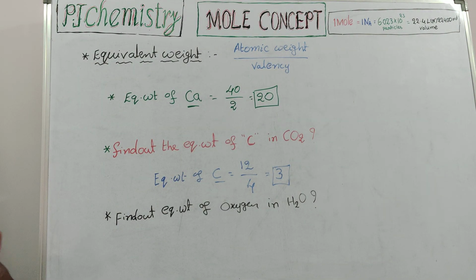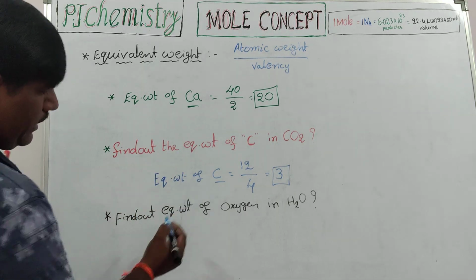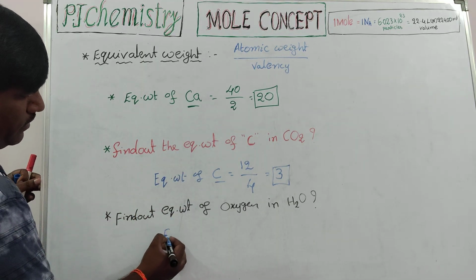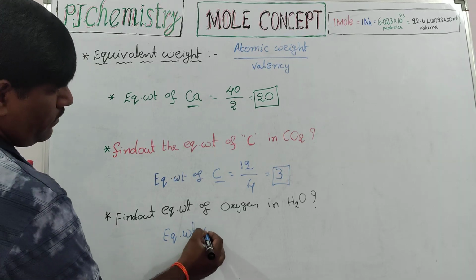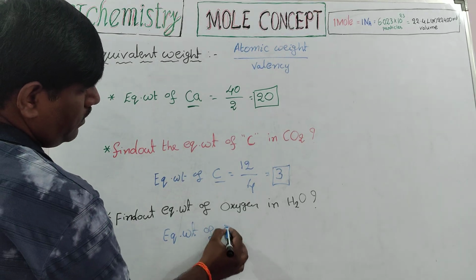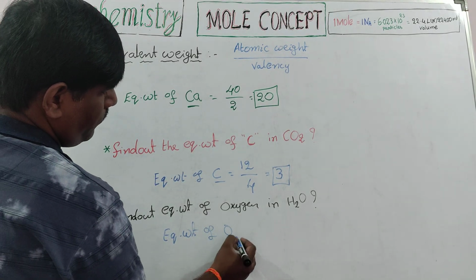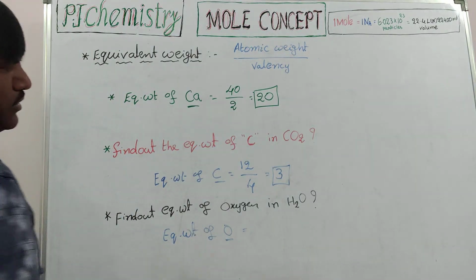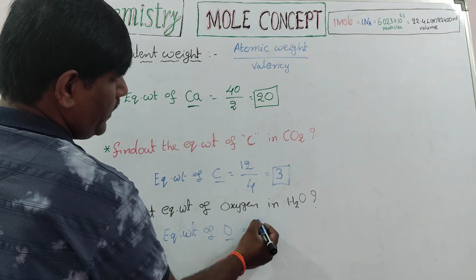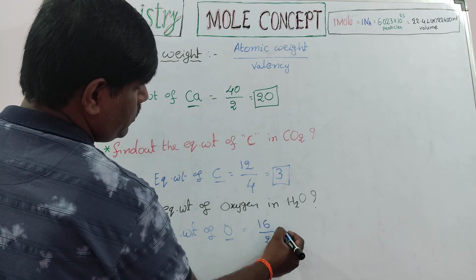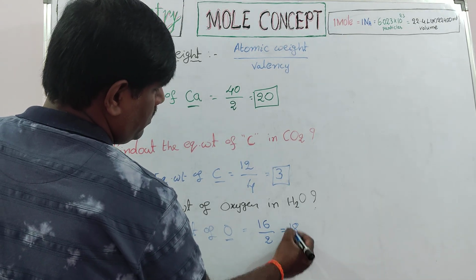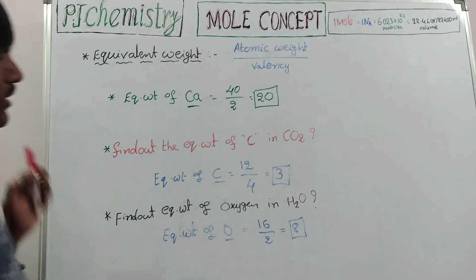So immediately, equivalent weight of oxygen is equal to atomic weight of oxygen, 16, by its valency, 2. Simplify, we will get 8.